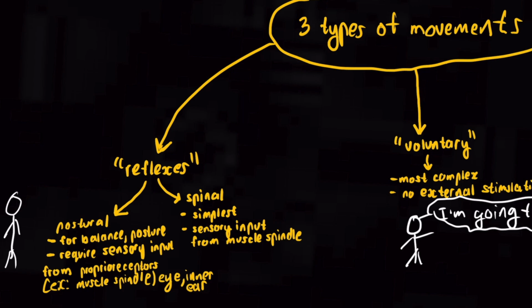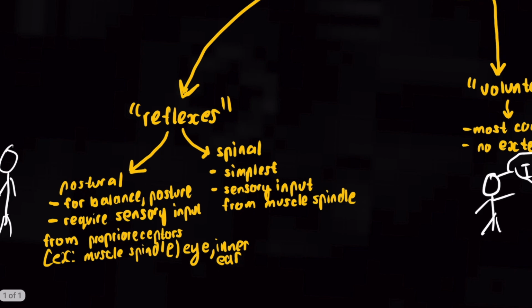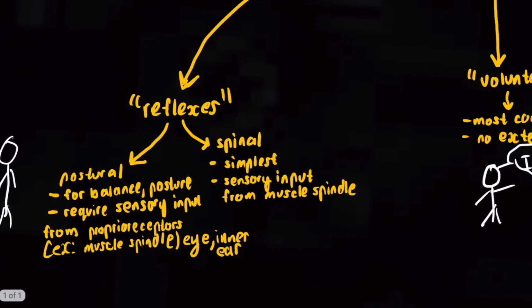You can think of your knee jerk reflex, when you tap your patellar ligament and your foot will move up, or do a little kick. The spinal reflexes are the simplest of the bunch, and here it is receiving sensory input from your muscle spindle.